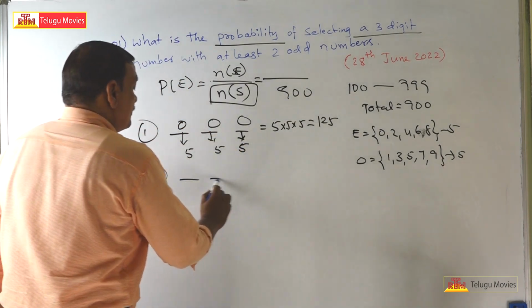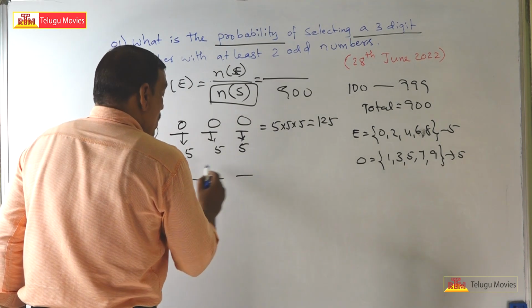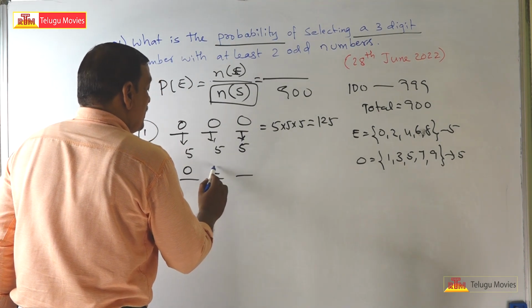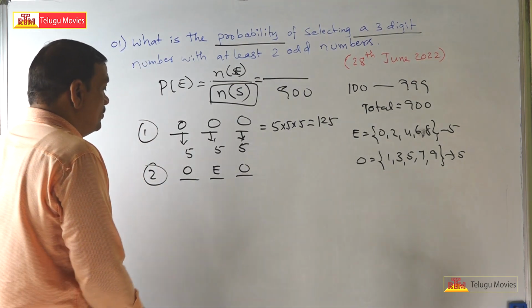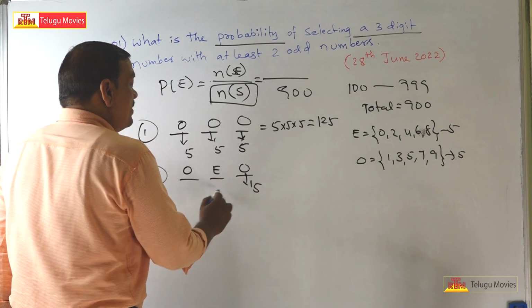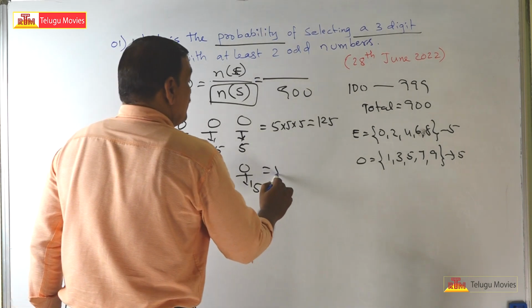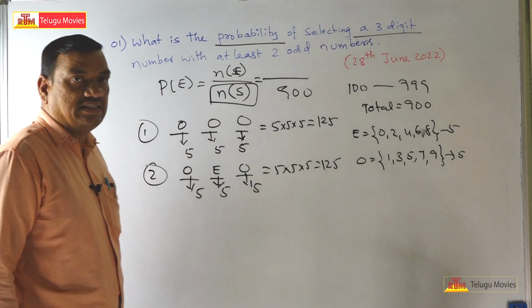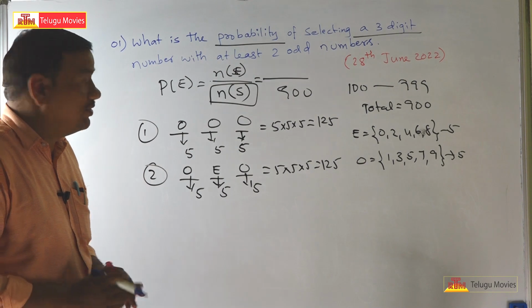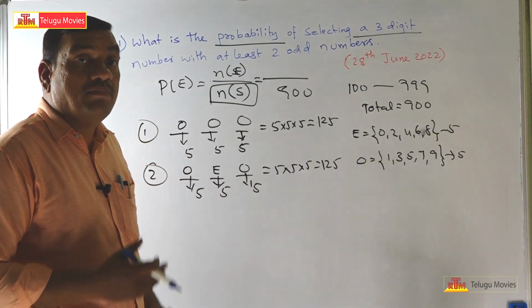The second case is at least 2 odd digits. So let it be odd, even, odd. Now these odd digits can be filled in how many ways? This is 5 ways, this also 5 ways. Total 5 into 5 into 5, therefore 125 cases will come. The number of permutations will be 125, meaning that many numbers you will get.